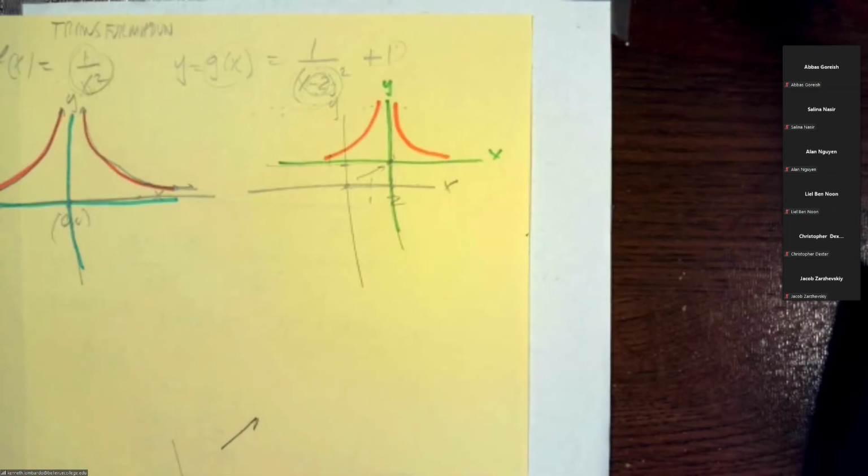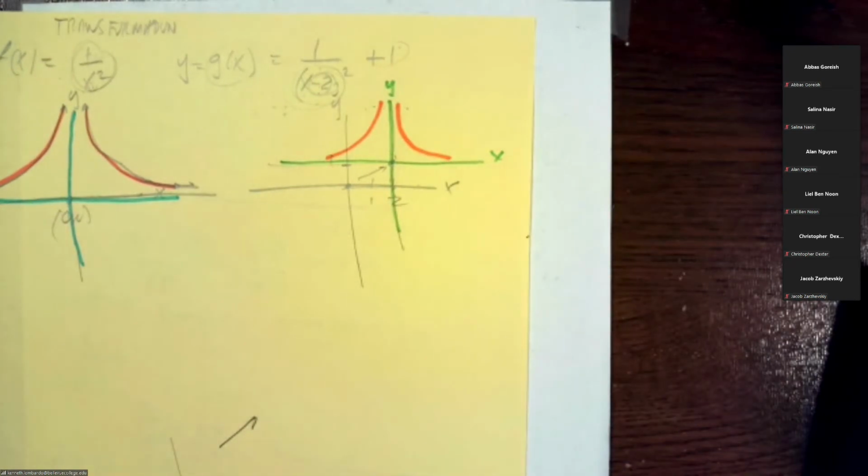Okay, let me take you through, make sure I cover everything I want to cover here. Let me take you through the slant asymptote. Get a different equation here.